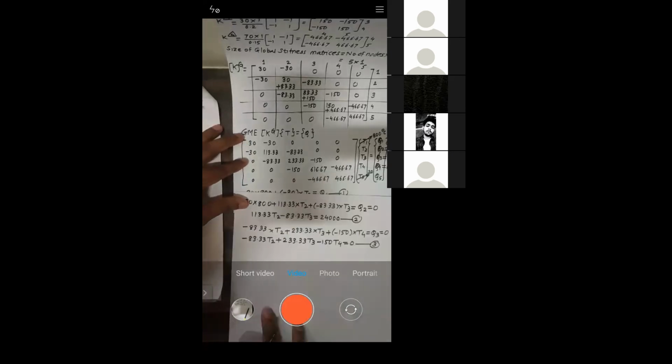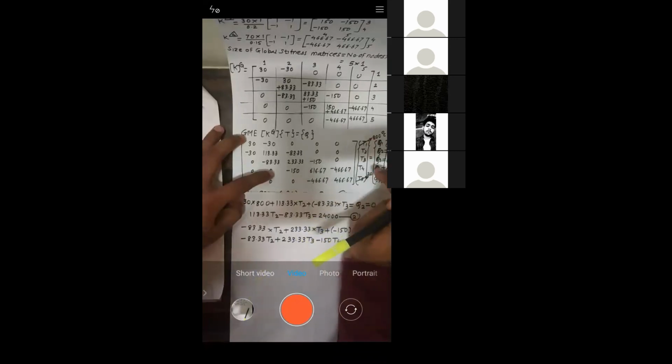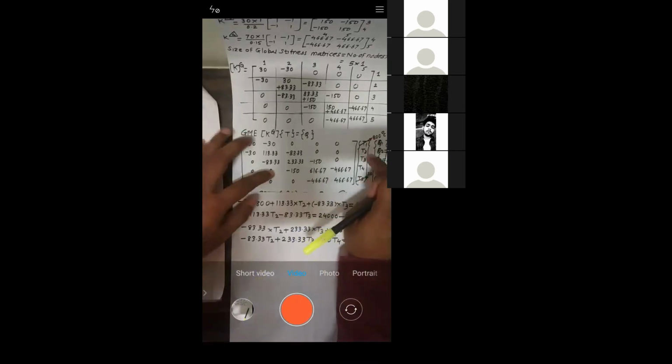Now go to the fourth row multiplied by this column. 0 into 800 is 0, 0 into T2 is again 0.